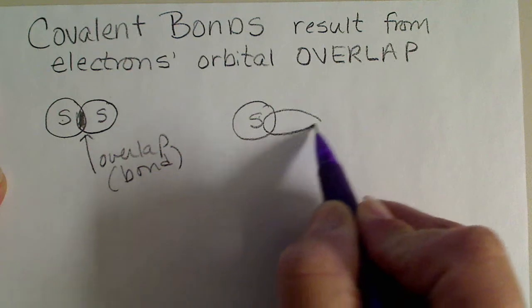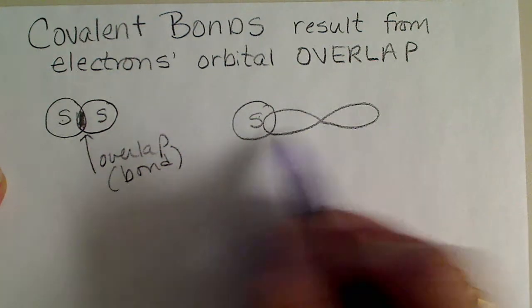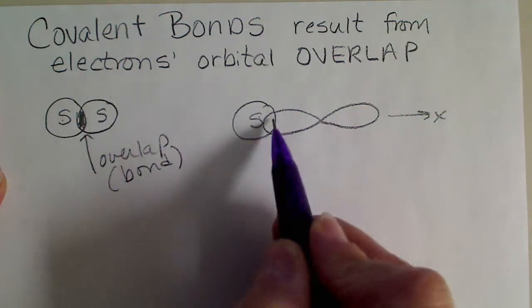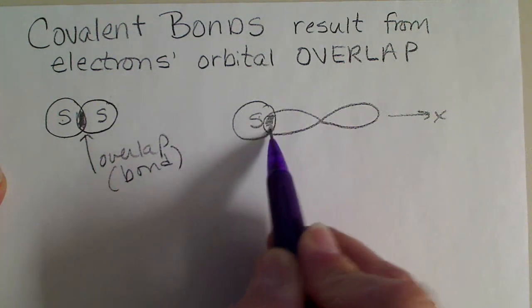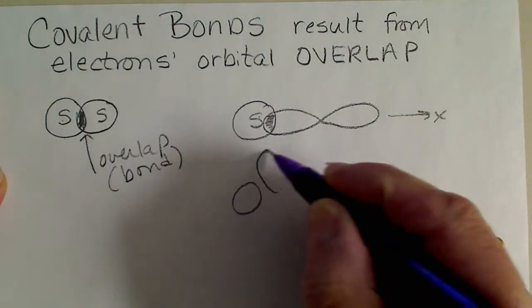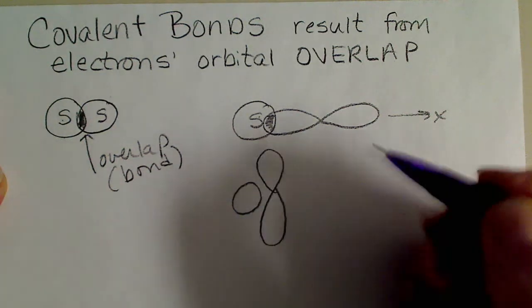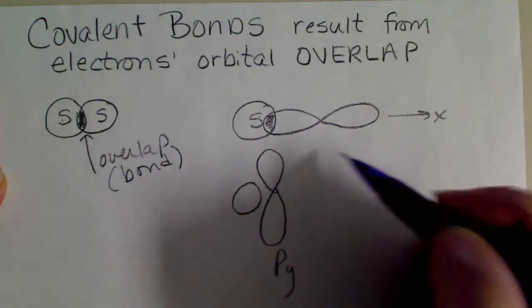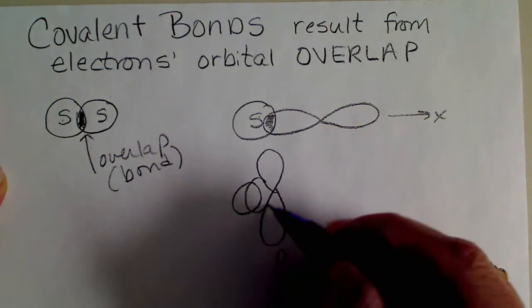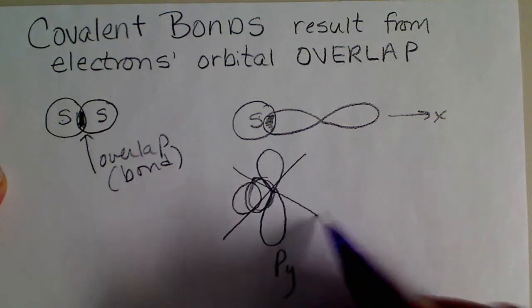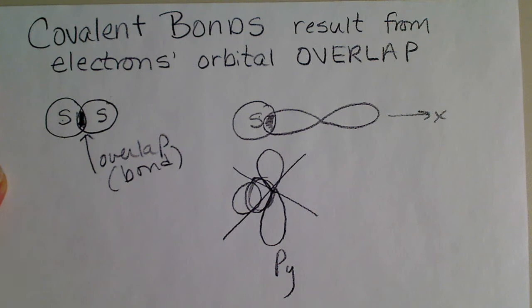So if the p orbital was oriented along the x-axis, if we call the number line the x-axis, we could have overlap there. An s orbital may not necessarily overlap a p orbital in the y direction. So that probably wouldn't give us, even if I drew that a little closer together, a very good physical overlap.